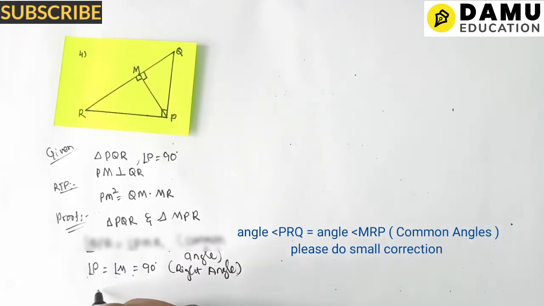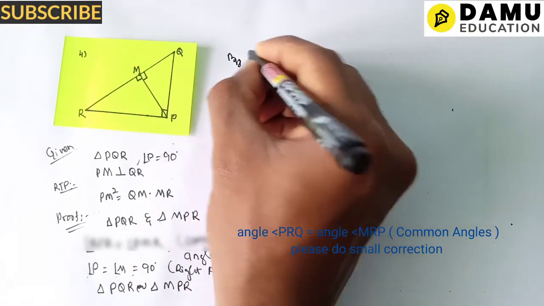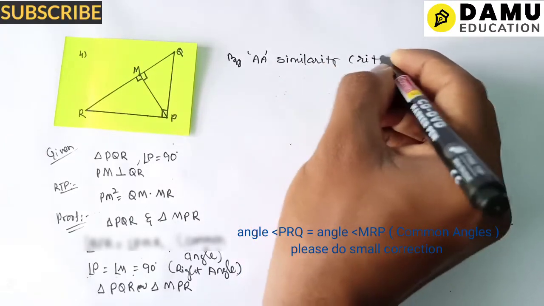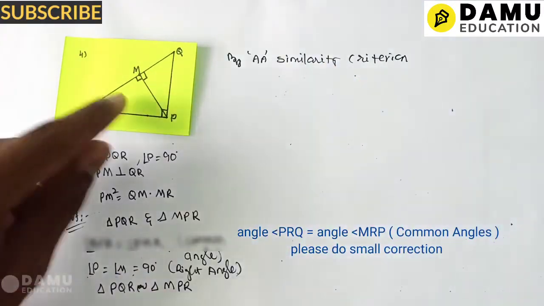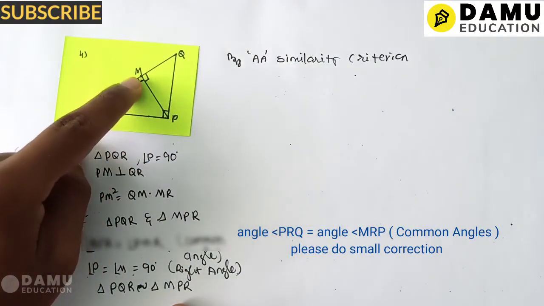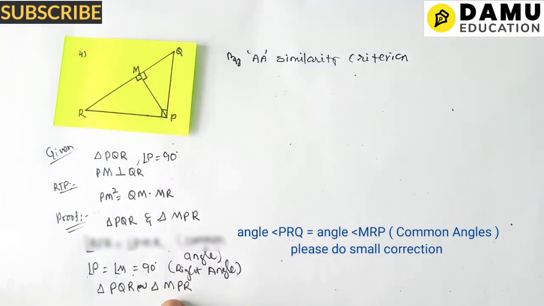So here you can write that triangle PQR will be similar to triangle MPR by the AA similarity criterion. In both the triangles, we have taken two angles, M and P, and R is a common angle. So the two are similar to each other.